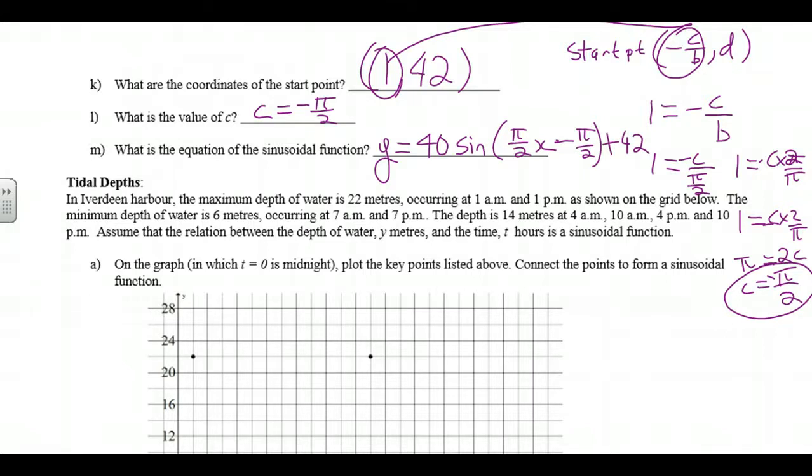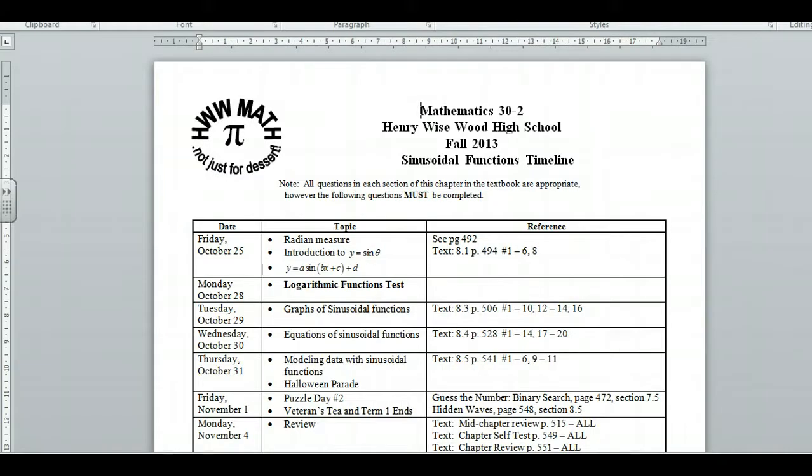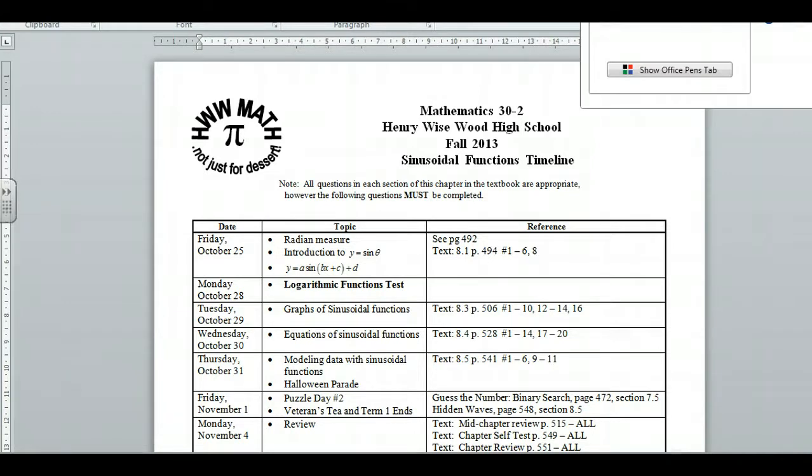So we should be able to take our calculators, put this into the equation. So hang on. It's a stupid Microsoft Ink thing.